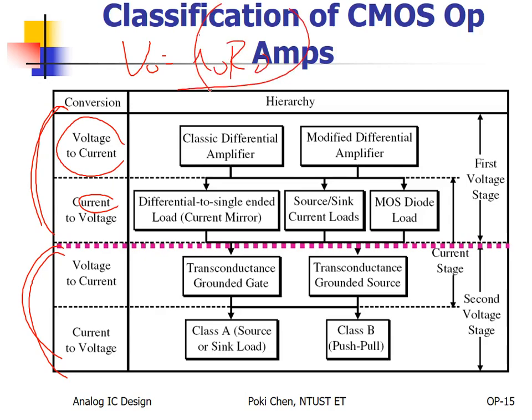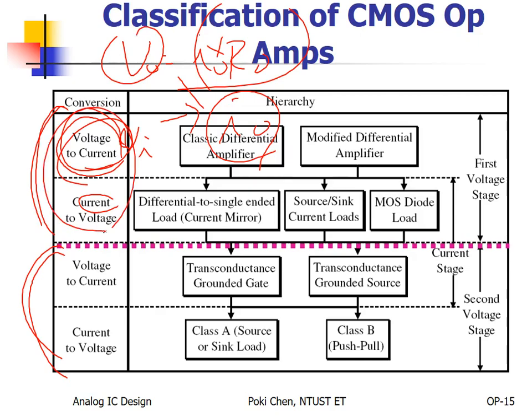So we convert input voltage into output current. That is the first moment. And for the second moment, we convert I out with RO to be V out. That's it.